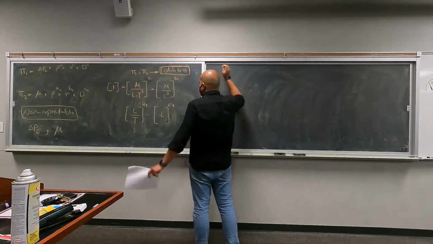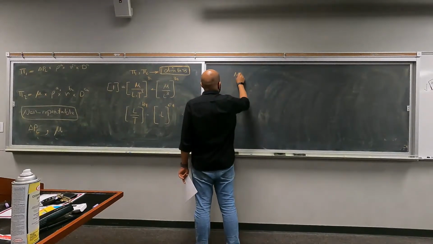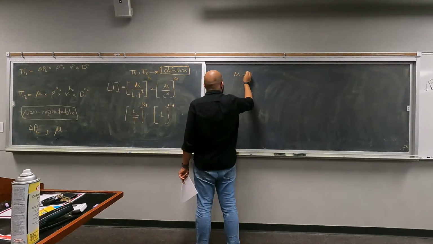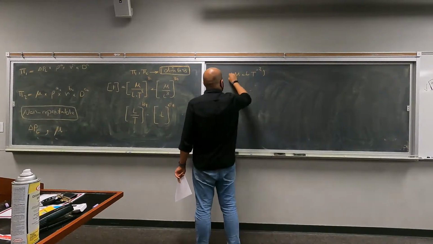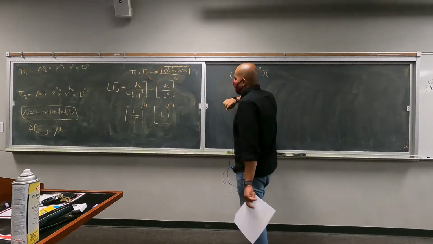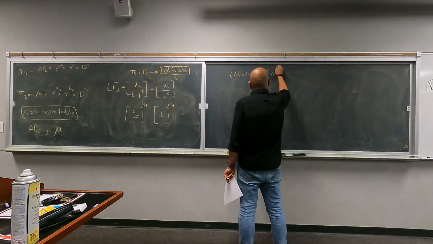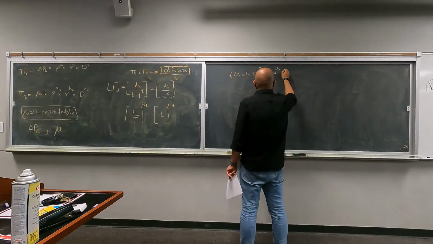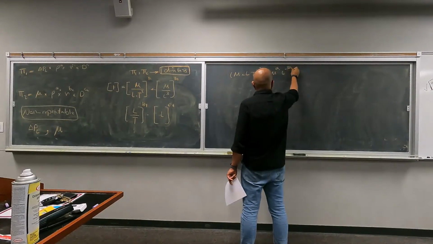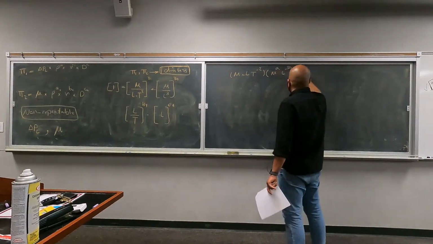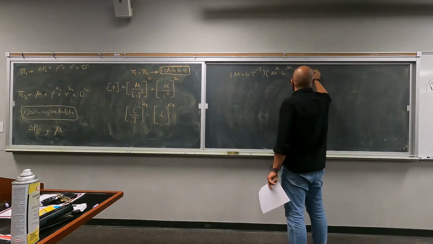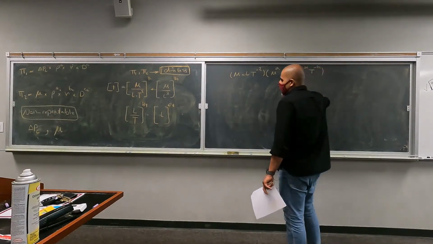Let's actually expand this first. We have m. That's your dimension: m L T, multiplied by m to the power a1, L to the power negative 3a1, multiplied by L to the power b1, T to the power negative b1, right?